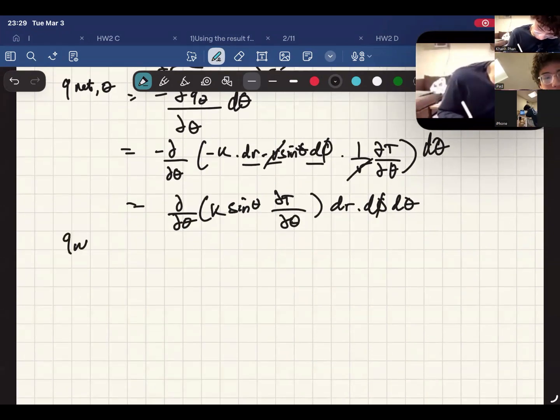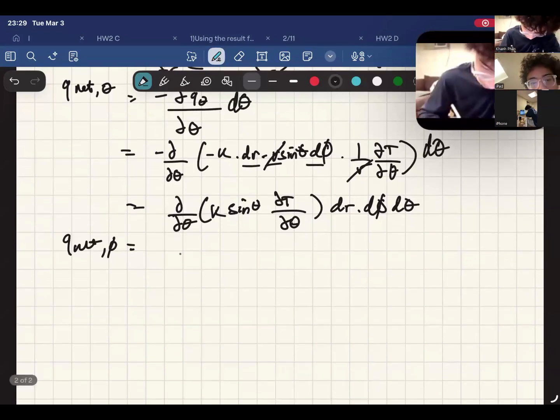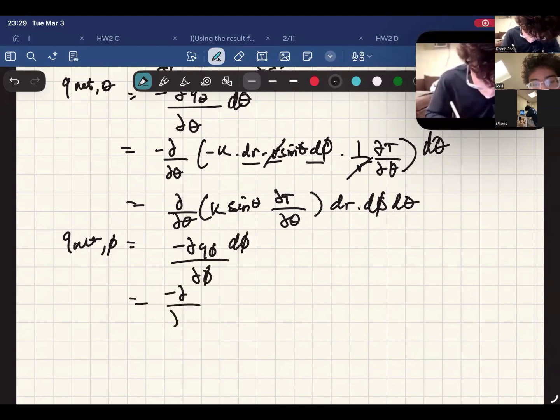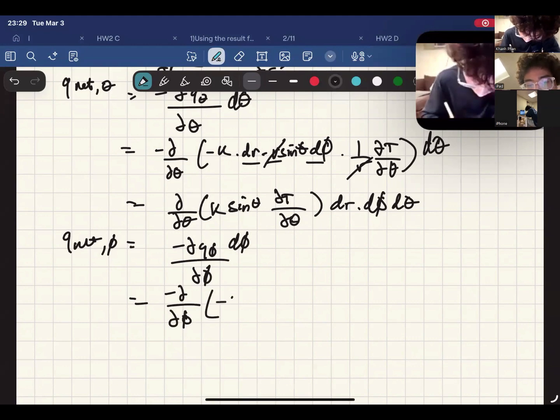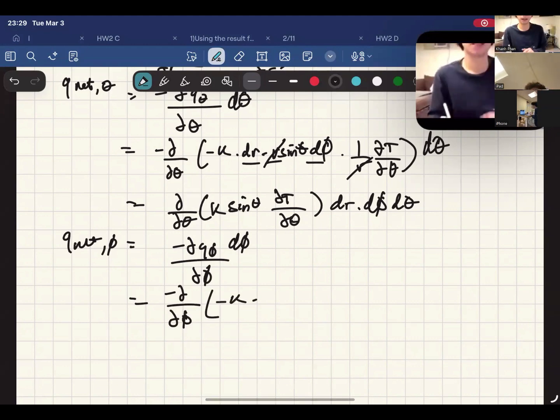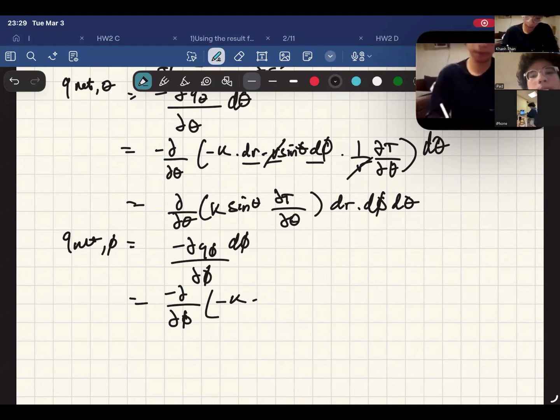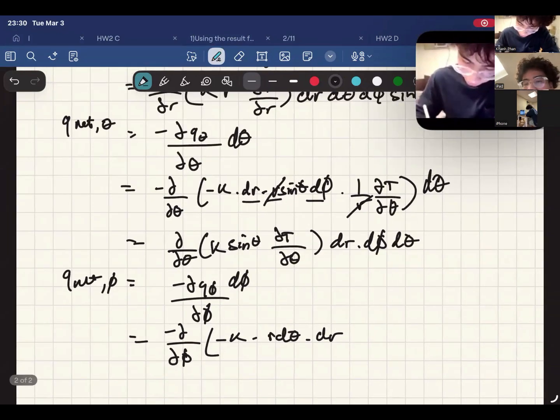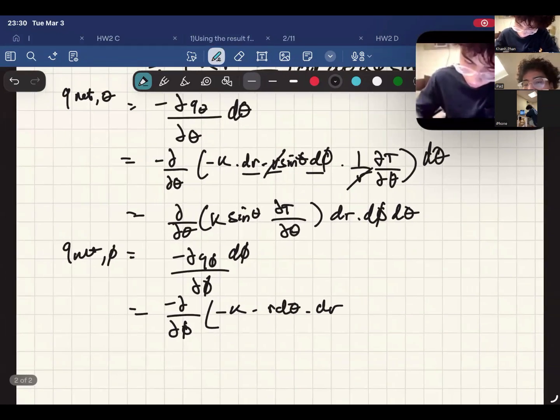And then Q net for phi would be negative dQ phi over d phi times d phi, which is equal to the derivative with respect to d phi of negative k, and then the area that the phi direction penetrates through would be r d theta times dr. And then for the temperature gradient, we've got to convert it to arc length.